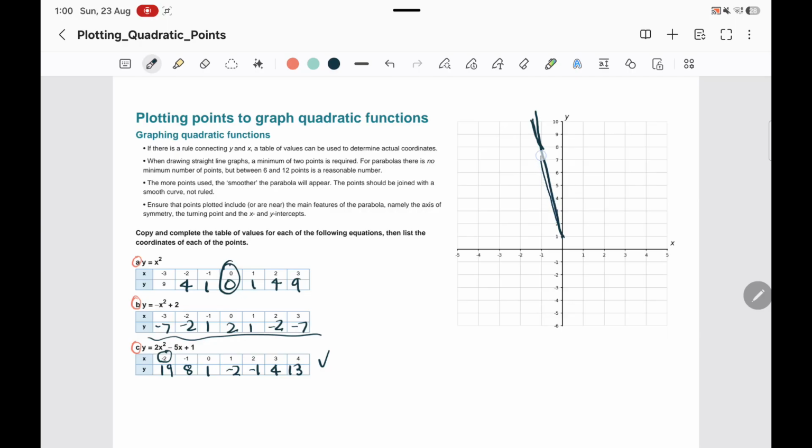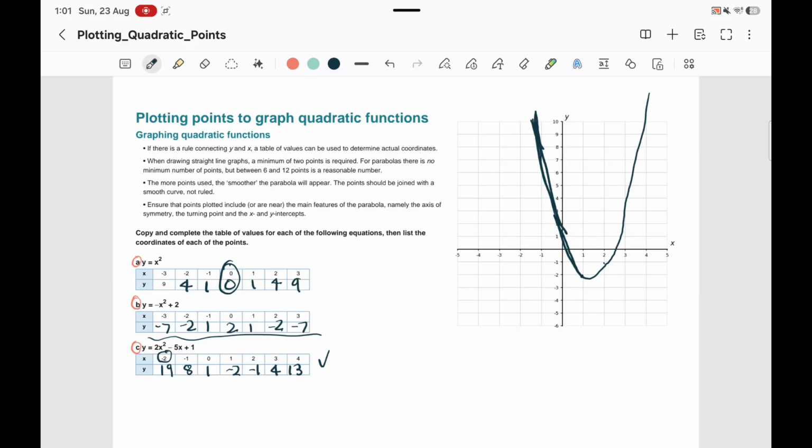It's so steep. I think it would look like a line, but it's not a line. And then the next points are 1, -2, and 2, -1, and 3, 4. Okay, yeah. I think you get what I mean. So I think this would look like this.